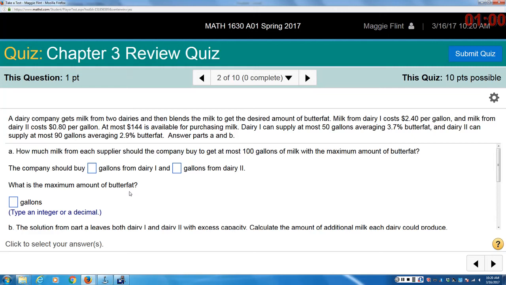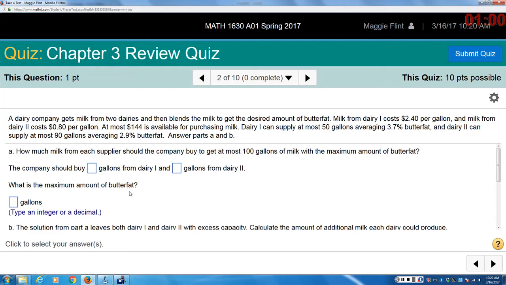Okay, the way that you would tell the difference in that, this one says this is the most they can supply, and it tells you that this is the most the other one can supply. But if you were gonna put it in an equation, it would say the most amount of milk they can store is this much, which means the amount from dairy one plus the amount from dairy two cannot be more than, or is less than or equal to.